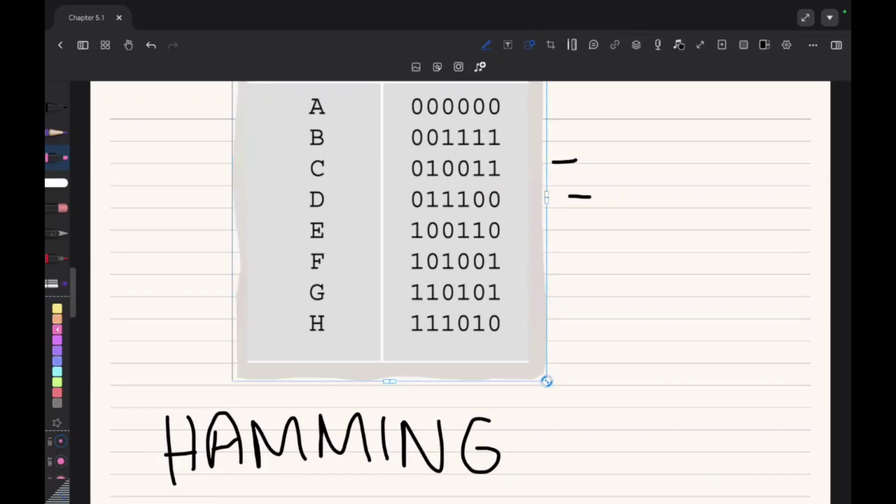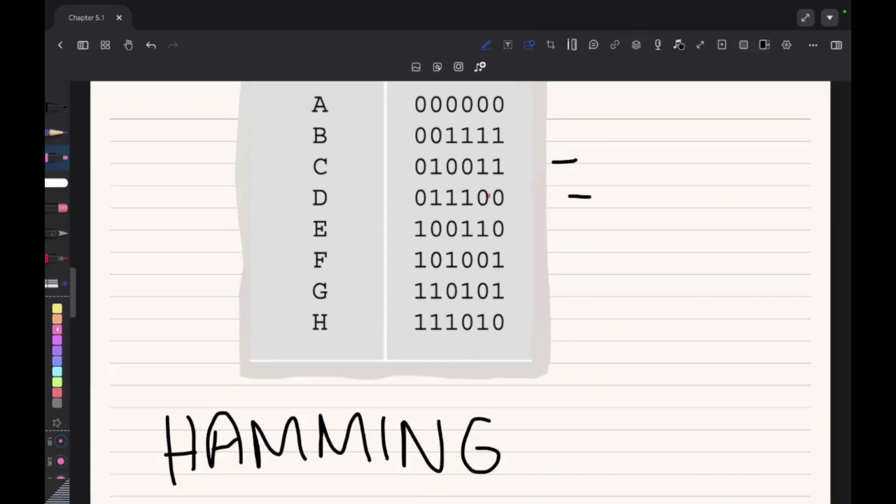D doesn't have a 1 here, so it's going to be 1. D also again doesn't have a 1 here, so it's going to be plus 1. Then it doesn't have a 0 here, so it's plus 1. Doesn't have a 0 here, so it's plus 1.